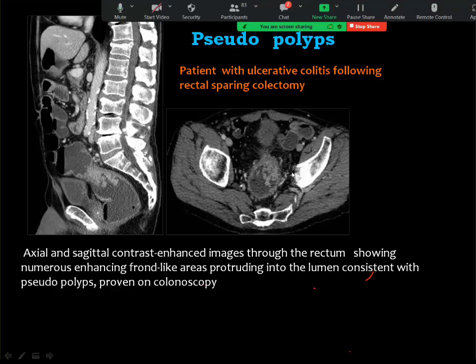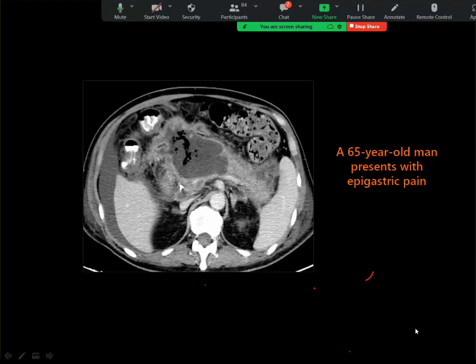But if I am in your situation, I will diagnose this as cancer colon. But I put this case just to remind you that sometimes you get a lesion like this, which is known as a pseudopolyp.